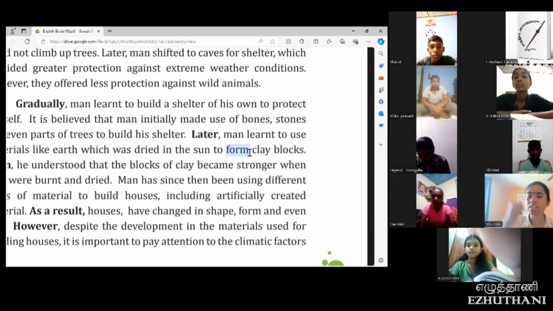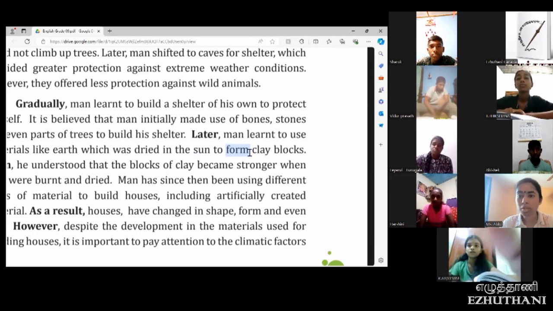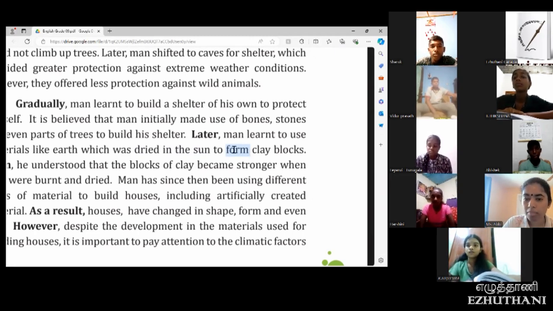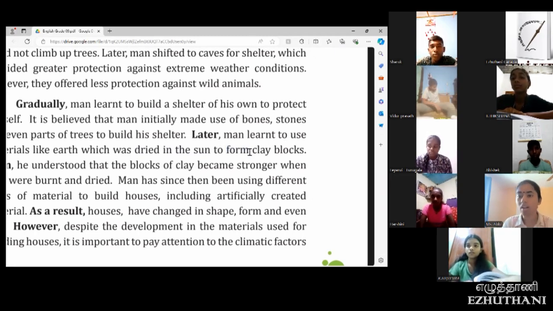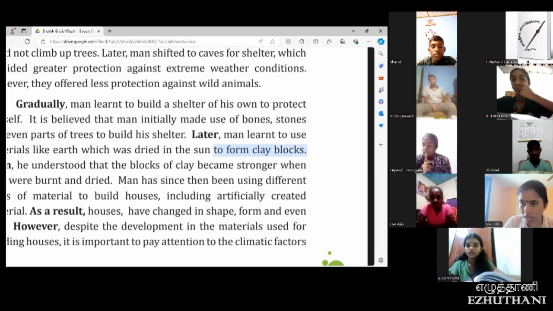I took the book from school. Form means to create. So earth which was dried in the sun to form clay blocks. To form clay blocks.